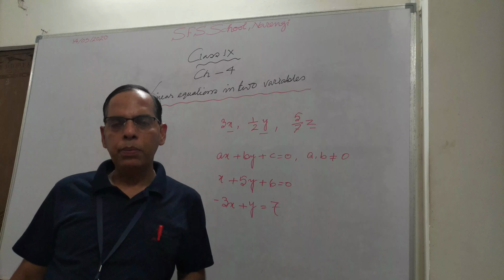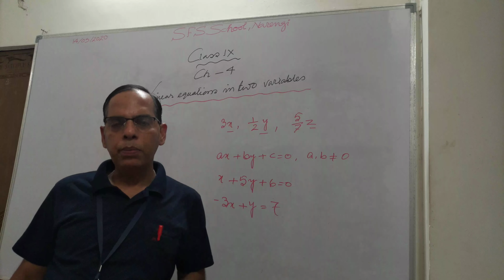Now let's see another one, that is (0, minus 3). So what is that? 0, minus 3. Clear? So this is the explanation of the linear equation in two variables, and how to represent a single point in two ways, that is one variable as well as two variable.